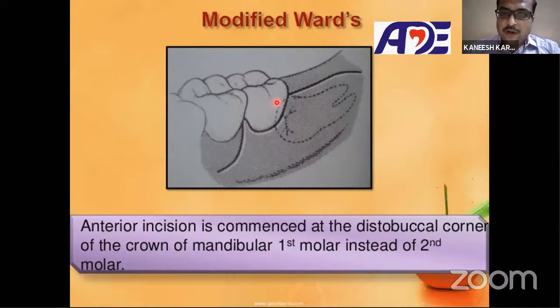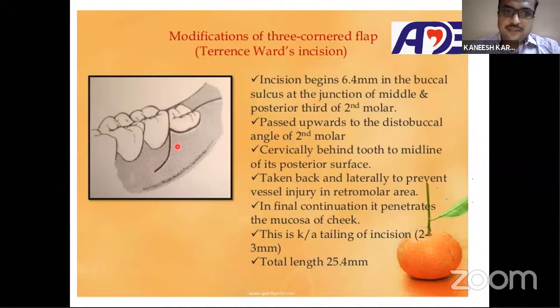This is used for completely impacted third molars. This is a regular Ward's incision. We place the vertical release incision at the distobuccal line angle of the 7 and curve it anteriorly, and the length is 6.4 mm. We put a sulcular incision and a distal release incision, not from the middle of the 8, but from the distobuccal line angle of the 8.